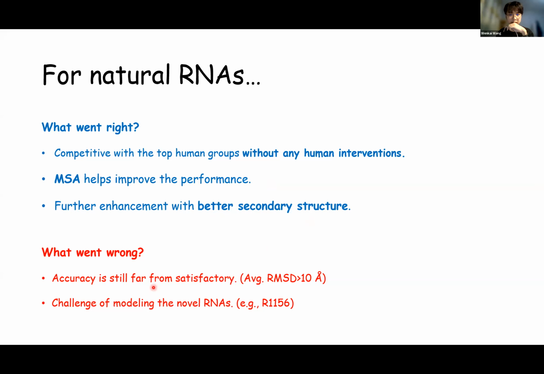However, we admit that the accuracy is still far from satisfactory, with an average RMSD of over 10 angstroms, especially for the novel RNAs, which have no similar sequences or structures. But we believe that this issue can be addressed with the increase of RNA data in the PDB database.